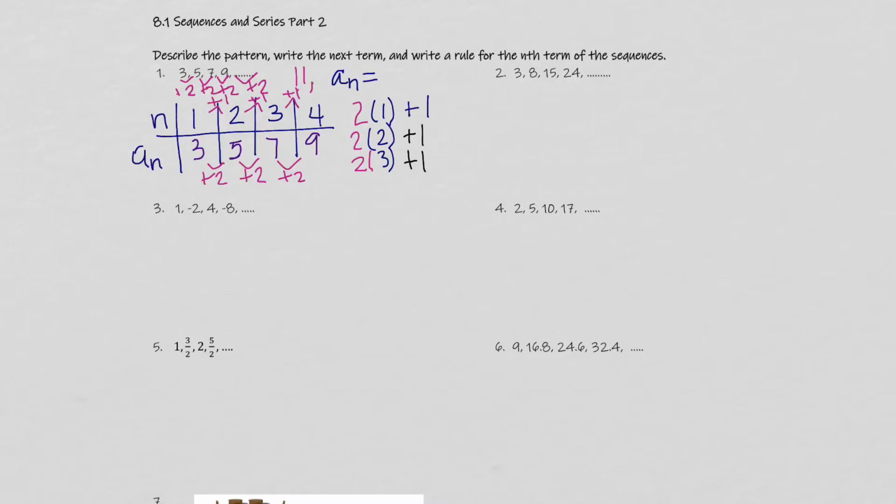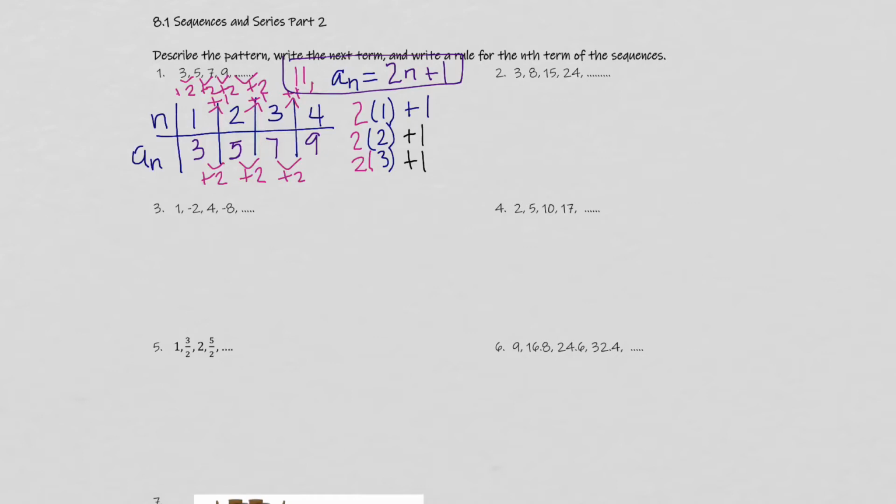So I know that this is the pattern that connects my a sub 1 to a sub n. So when I write my formula over here, what is my pattern? It's going to be 2, that was a constant. The thing that changed was my n, so 2 times n plus 1. So those would be my answers for this one.